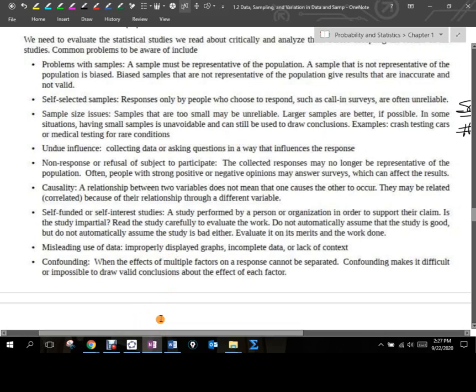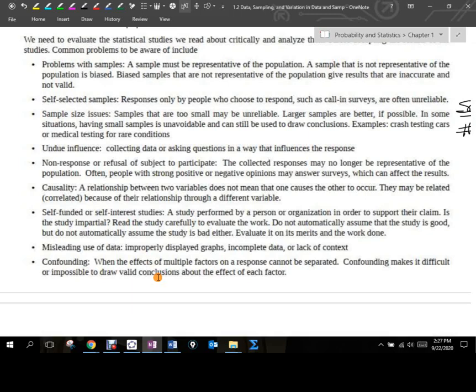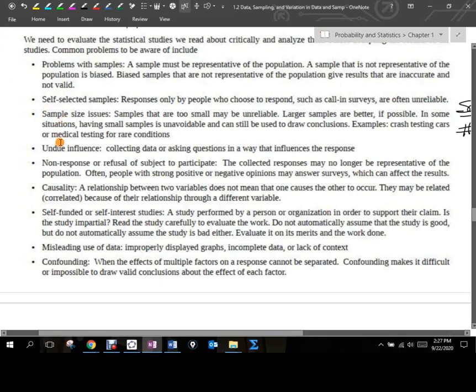Self-selected samples are responses only by people who choose to respond. So call-in surveys, mail-ins, or when you have to return something in the mail, those types of things are unreliable. Even though they're unreliable, they are still used. People still publish this information. I'm going to come down here real quick to misleading use of data: improperly displayed graphs, incomplete data, or lack of context. If you watch the news tonight, you will definitely see one of those three things happen every single night.